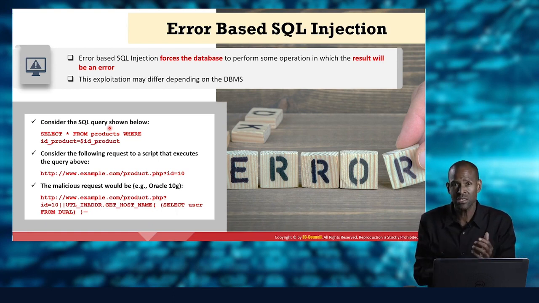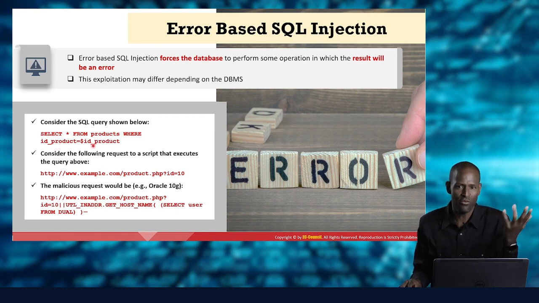So in this case, what we're doing is selecting everything from the products table where the product ID equals some product ID, so 7535, whatever it is. So you're selecting a product with a specific product ID. Now here's a request that executes the query above. If you look at this URL, sample.com, product.php, question mark.